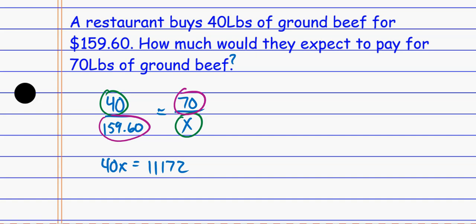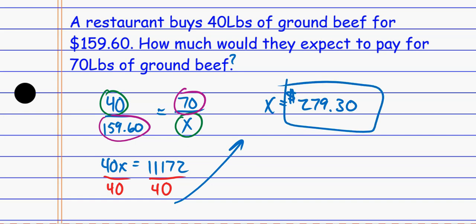And now to solve this, I'm going to divide each side by 40. So I divide by 40. Again, my calculator can do the heavy lifting here, divided by 40. And so I get 279.3. I'm going to write 279.30 because, again, I'm talking about money. So that's how much I would expect to pay.